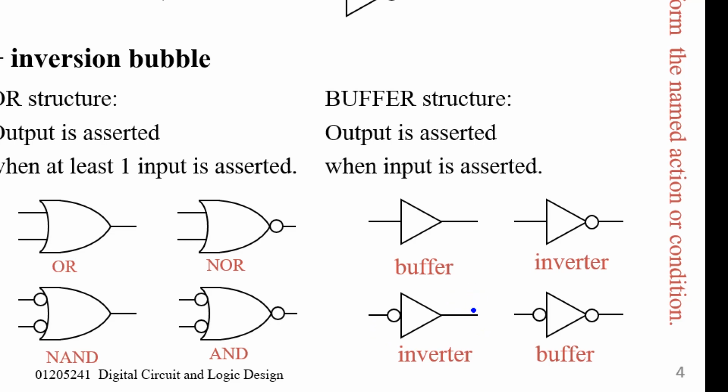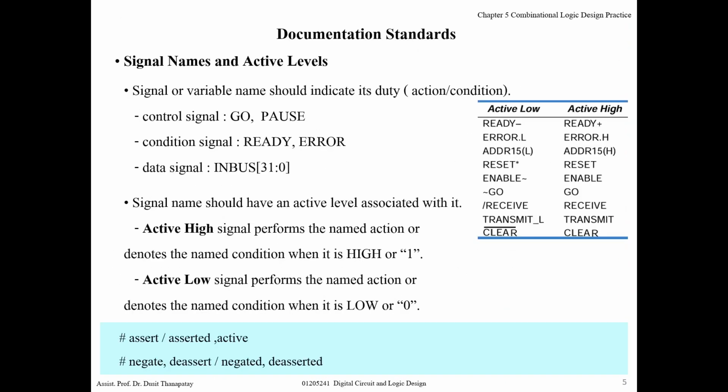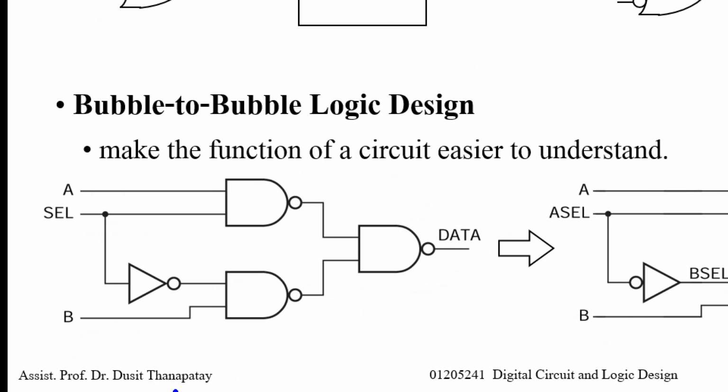It's very easy, right? You just know the main body, or main structure, of the logic gate. After that, you just consider whether the input is active high or active low. Based on this, let's consider this circuit. If I want to know the output when I apply the values 1, 1, 1.